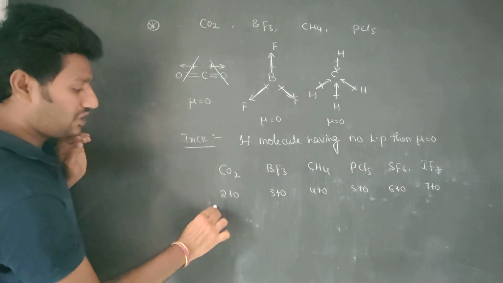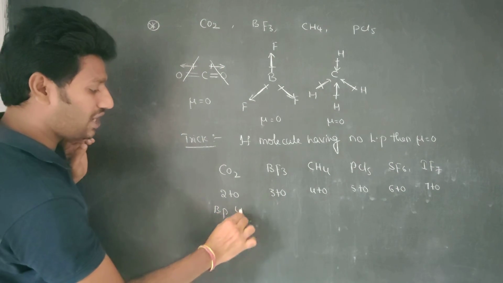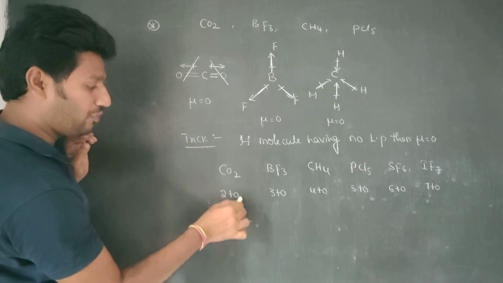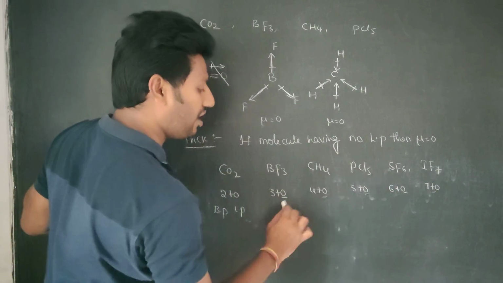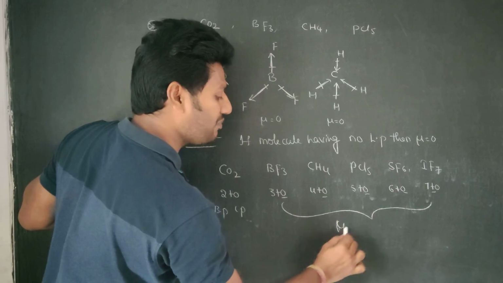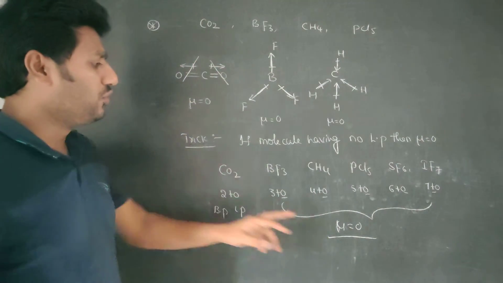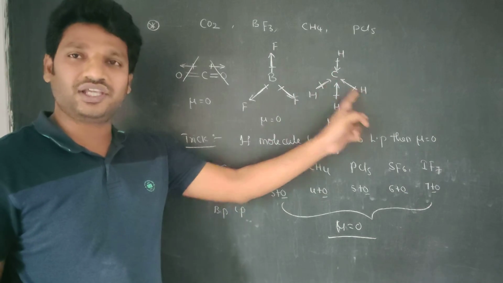The first number is the bond pairs and the second is the lone pairs. Each compound has 0 lone pairs, so the dipole moment becomes 0. We don't need to write any structure of the compound.